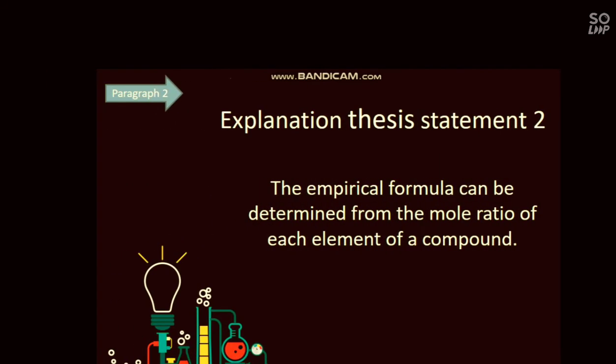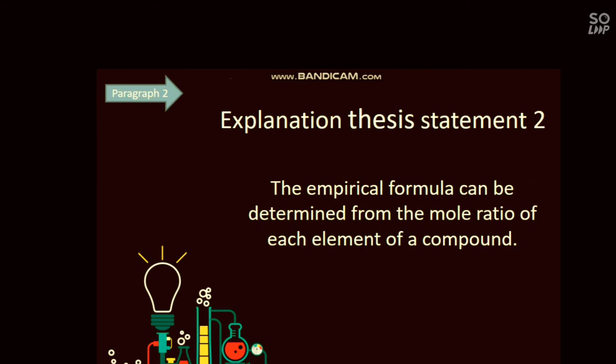In the second paragraph, I will explain how we determine the empirical formula from the molar ratio. The empirical formula can be determined from the molar ratio of each element of a compound. To determine the moles of an element, we must know the elemental mass of the compound and also the relative molecular mass of each element.